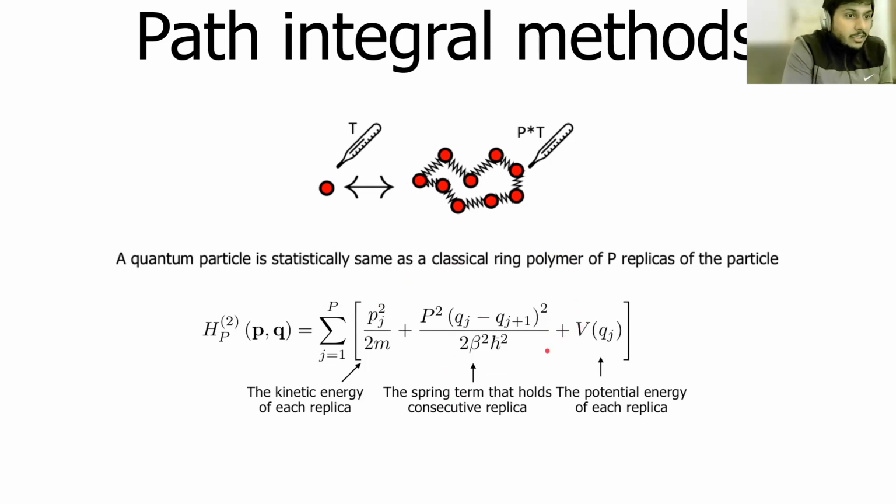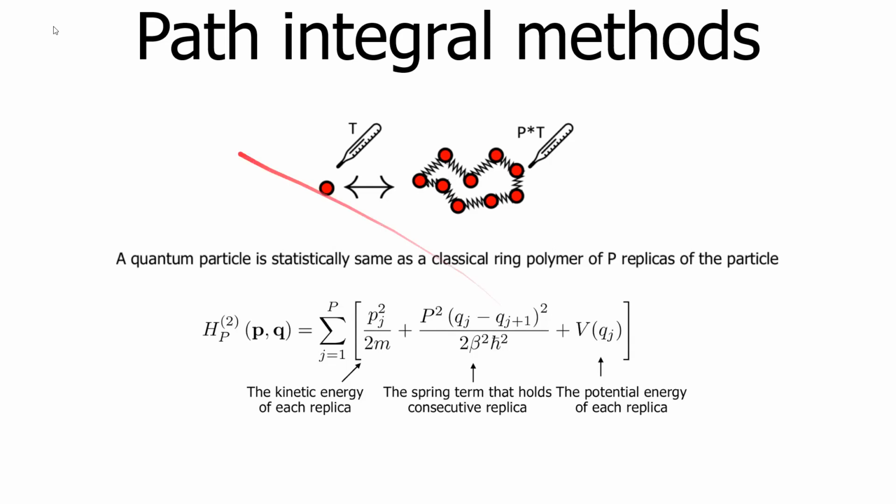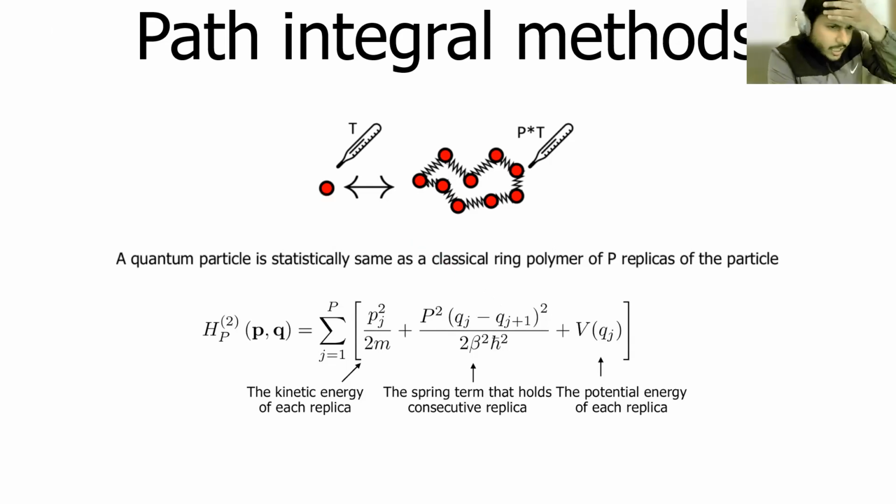Does anybody have any question here? Yes, sorry. The potential energy, that V term, is that just essentially like your Born-Oppenheimer potential energy? Right. Exactly. Yeah. So every replica of a system will experience its Born-Oppenheimer potential, plus the atoms will experience the spring term.